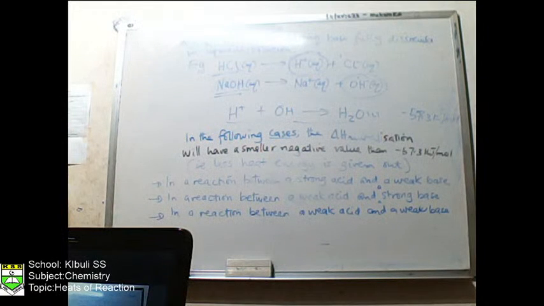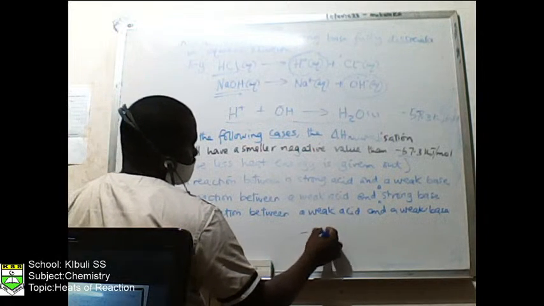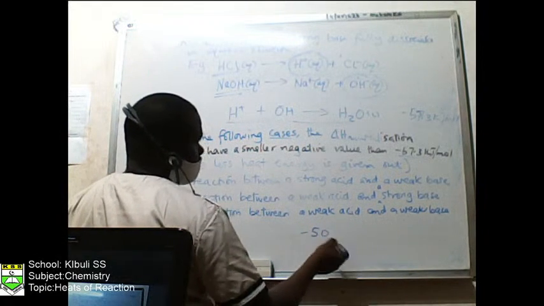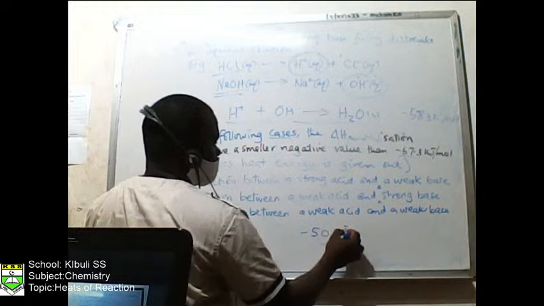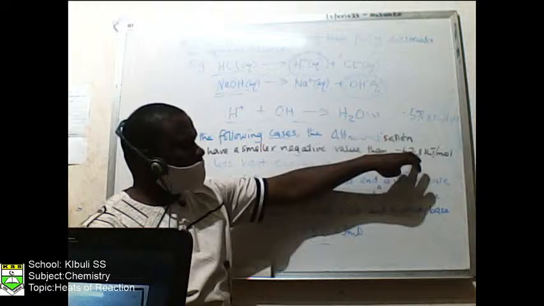In any of these cases, the enthalpy of neutralization will have a smaller negative value than that. For example, it can be negative 50, negative 51, something having a lower magnitude than this, maybe negative 50 kilojoules per mole, or negative 49 or negative 55. The values will always be smaller in magnitude than this if you have any of these cases considered.